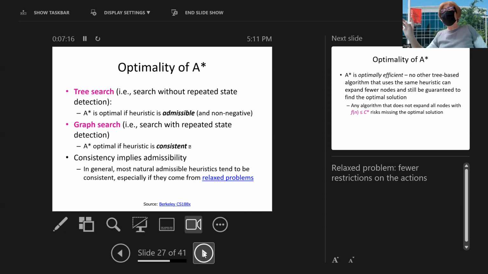But definitely, consistent implies admissible. In general, most natural admissible heuristics tend to be consistent, especially if they come from a relaxed problem. A relaxed problem, by definition, takes away some constraints for the search.